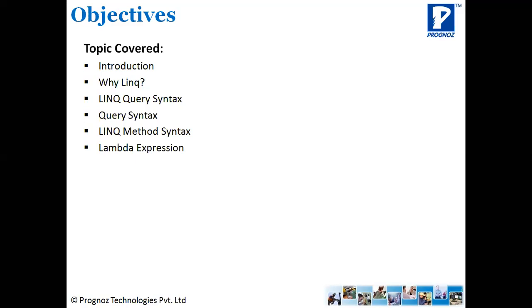In case of ADO.NET, they have given different types of namespaces on the basis of data providers. If there is SQL Server, then we need to use the namespace System.Data.SqlClient. If it is MySQL, then we need to use System.Data.MySqlClient.